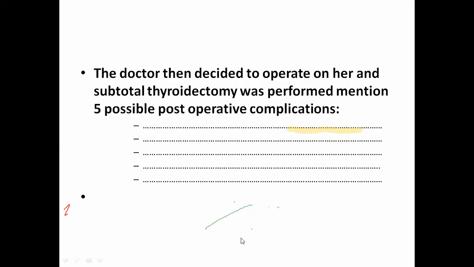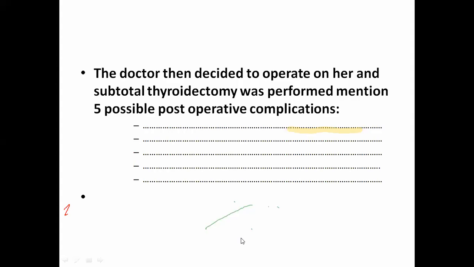Okay, what are the possible post-operative complications of a patient with thyroidectomy? During the operation, during anesthesia, what are the complications early on? Thyroid storm. Yes, thyrotoxic storm, and this is a nightmare of the anesthetist, not of the surgeon.